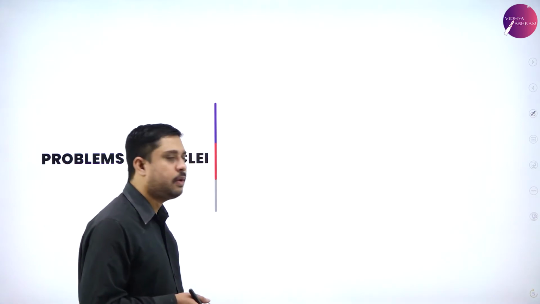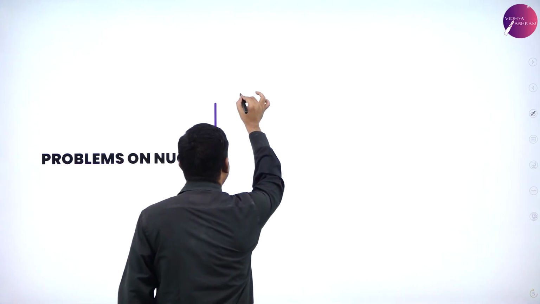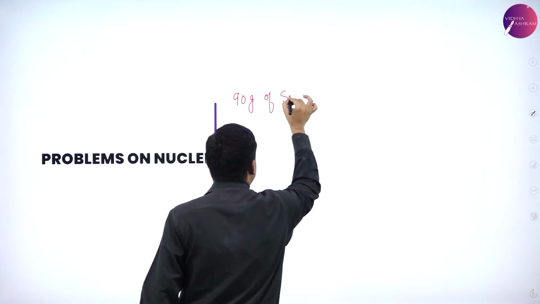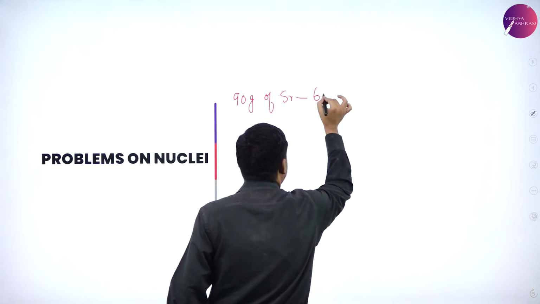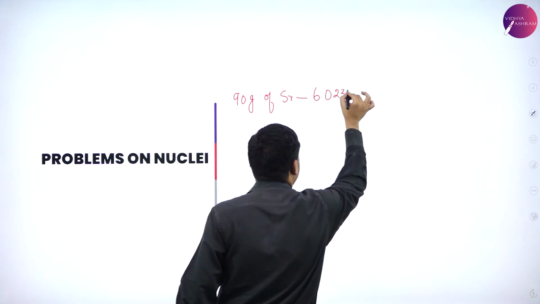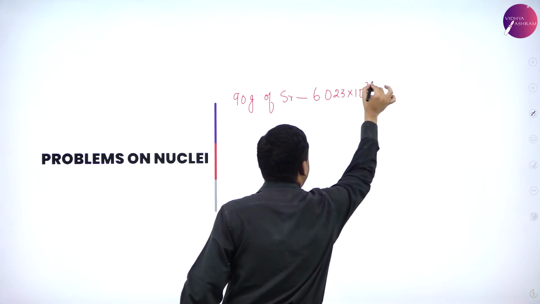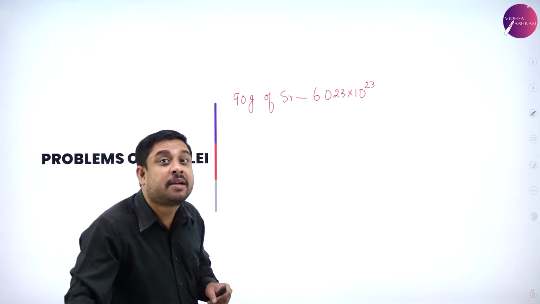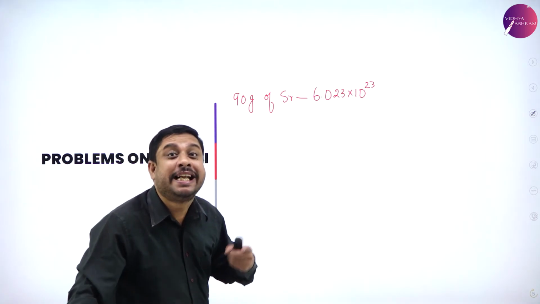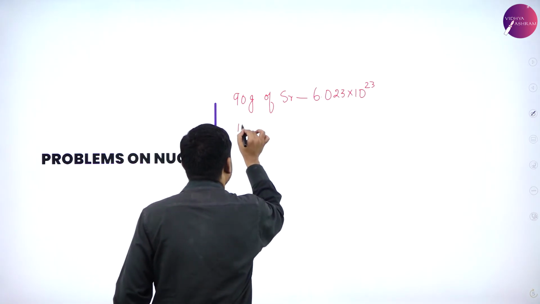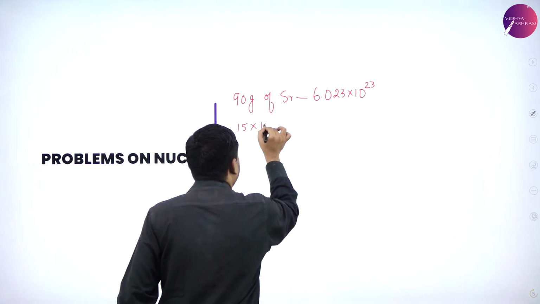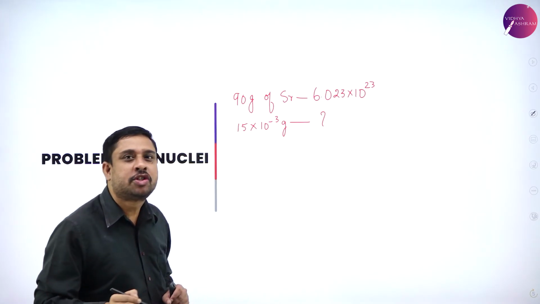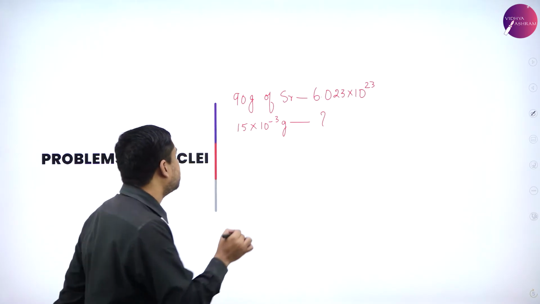Now, 90 grams of strontium again has 6.023 into 10 power 23 atoms. But I am finding the activity of what mass? 15 milligrams. So 15 into 10 power minus 3 grams constitutes what number of atoms?